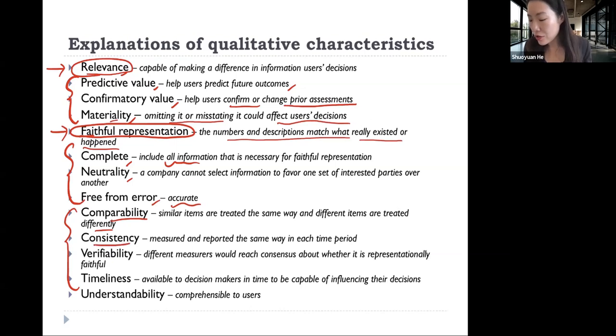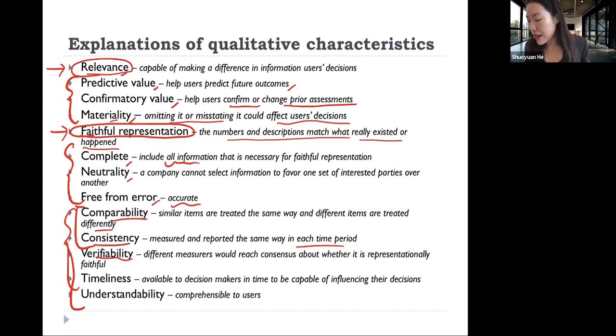Those, comparability and consistency, you can view them as one in each time period. Verifiability: different measures should reach consensus about whether it is represented faithfully. It should be verifiable from different ones.